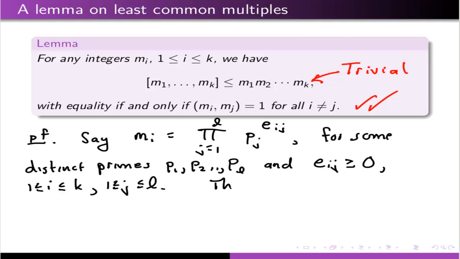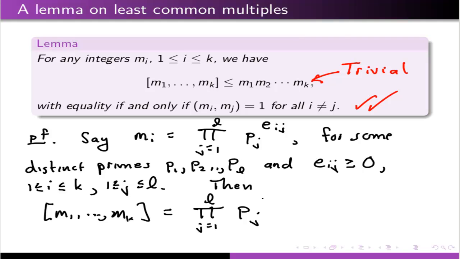Then, if I want to calculate the least common multiple, what's that going to equal? Well, this is the formula we've seen, where you just take the biggest exponent. So you're going to take the maximum, where i is going from 1 to k, of e_ij.